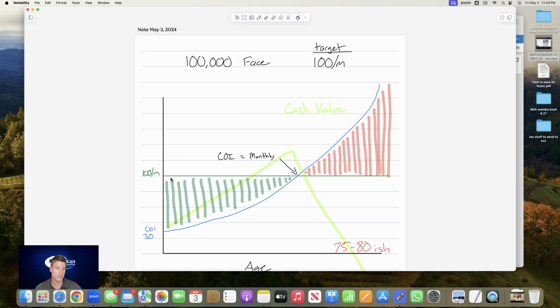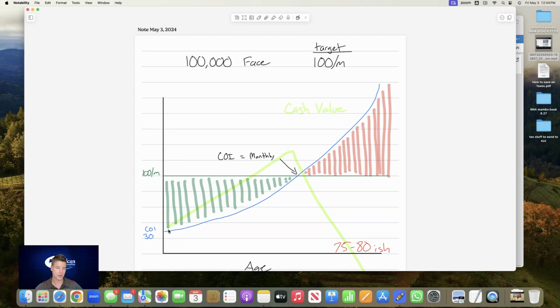Over that first year, they're going to net about $70 per month. Now, we all know the cash value doesn't start until year 2 or 3 on these, but just for this purpose, let's say every month they're gaining $70 a month. That's why the cash value goes up in the beginning.